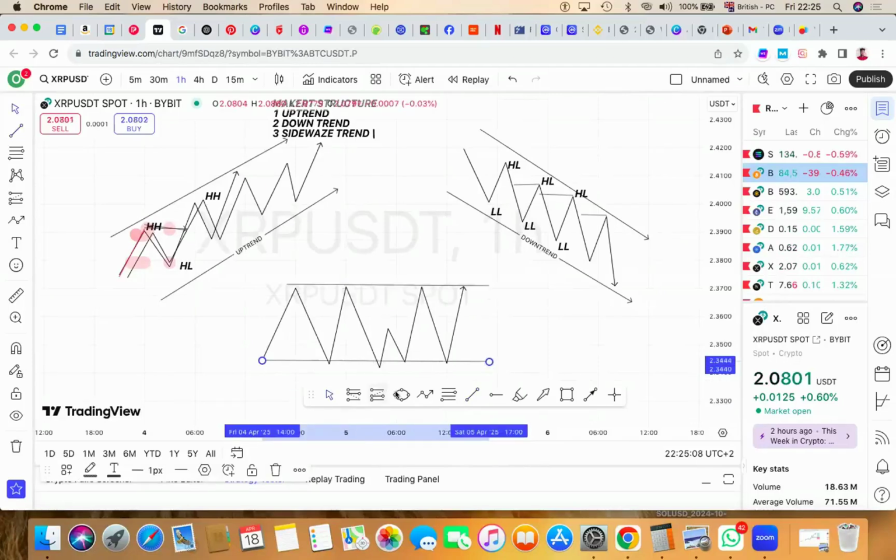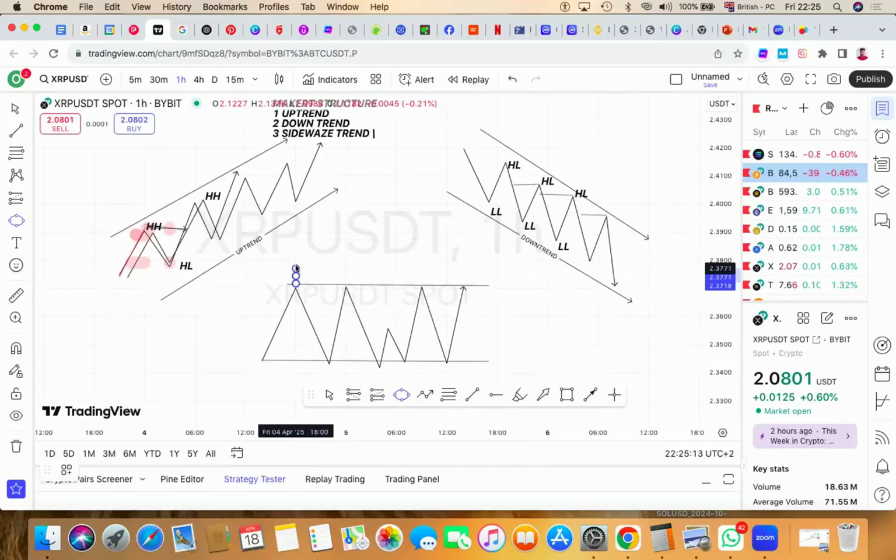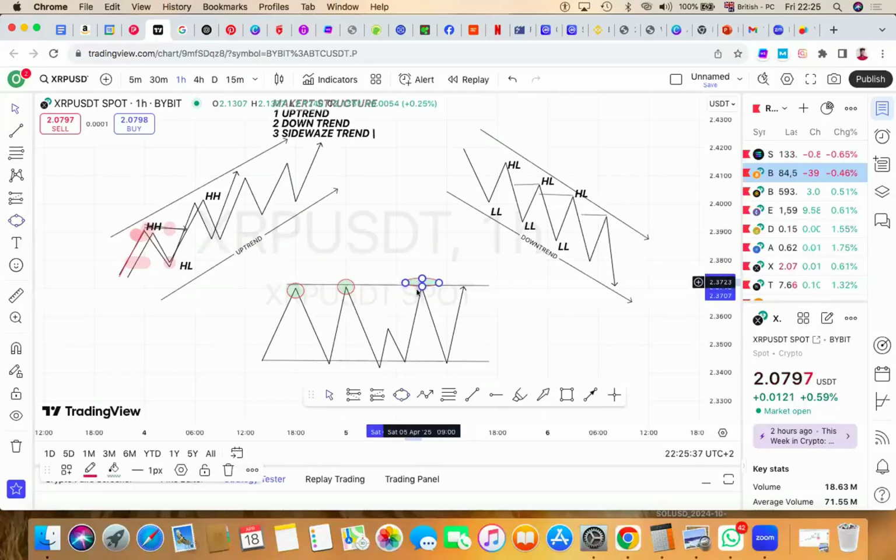In fact, from here, I touch it with a click. Now you can see from here. And if we do the same thing here, and the same thing here, you can see it actually touches about 4 times.